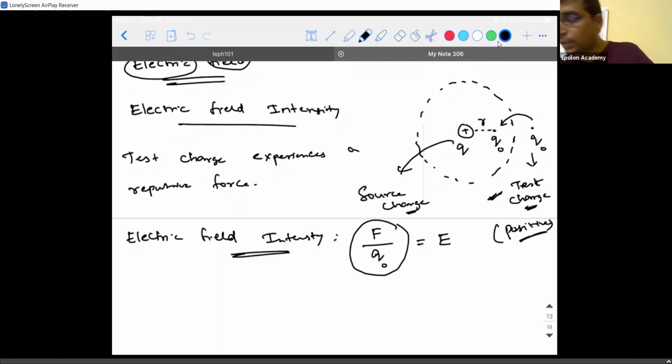One thing is accepted, right? The test charge will start experiencing a force due to the source charge. If you calculate that force and divide it by the magnitude of the test charge, then that particular ratio is what we call the electric field intensity. Is that clear? Yes, sir.